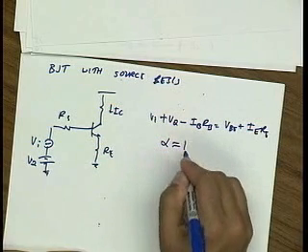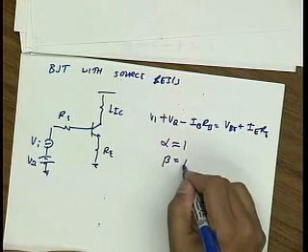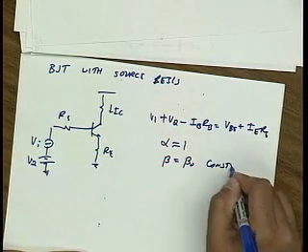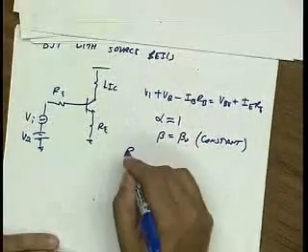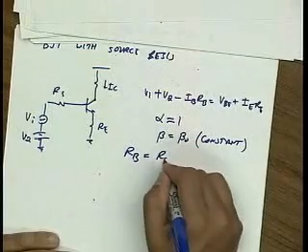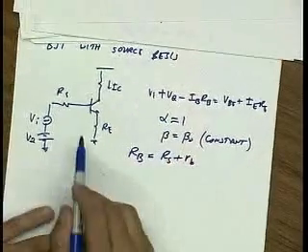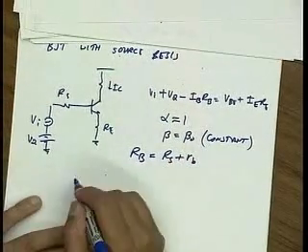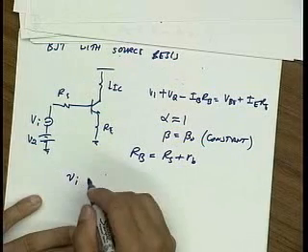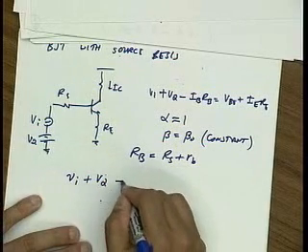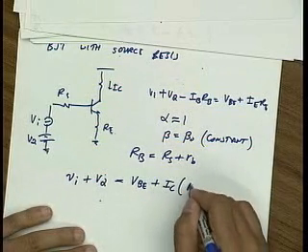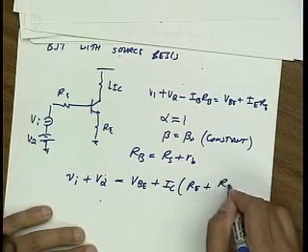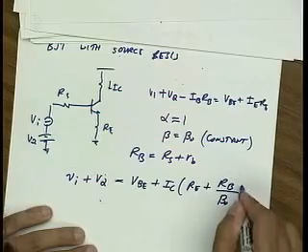So if we assume alpha is roughly 1, and beta naught, let's assume, is a constant, and we let RB equal RS plus little rb, the actual rb of this transistor, then I can write this as V input plus VQ is equal to VBE plus IC times RE plus big RB divided by beta naught.